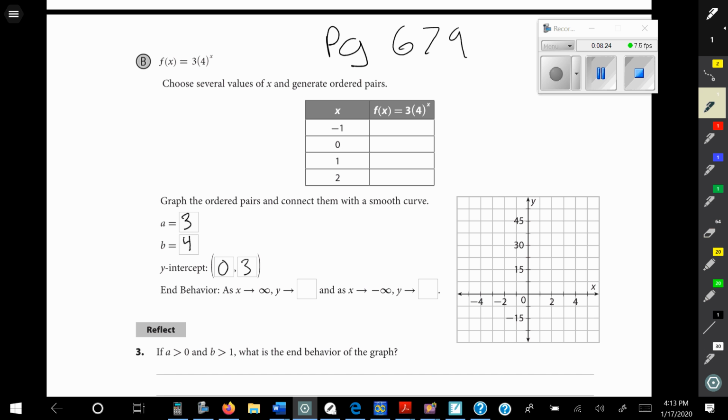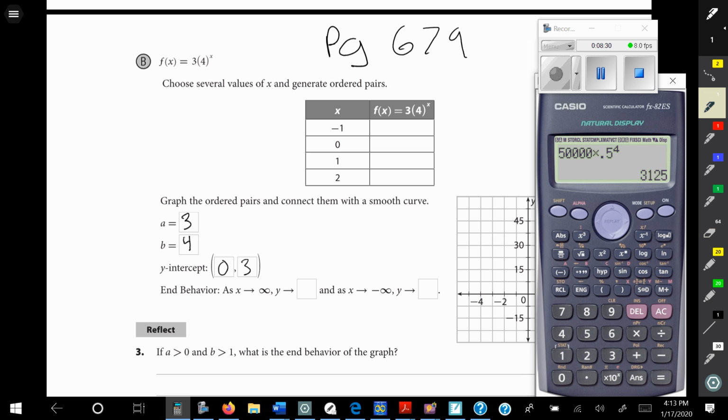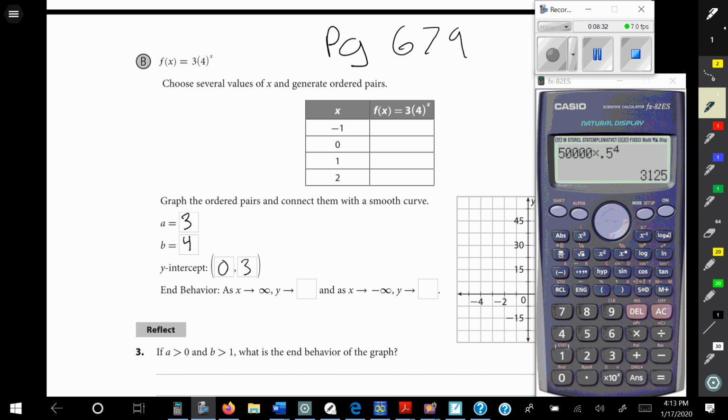Okay, now what we want to do is determine the end behavior. So I'm going to plot out the points. So what you want to do is take your calculator, clear this out, and just plug in -1, 0, 1, and 2. So you got 3 times 4 raised to the -1.